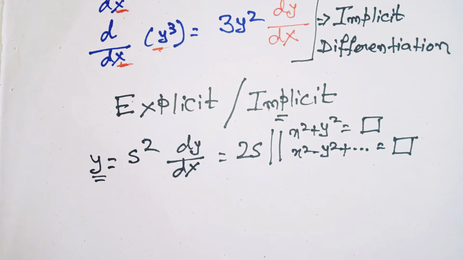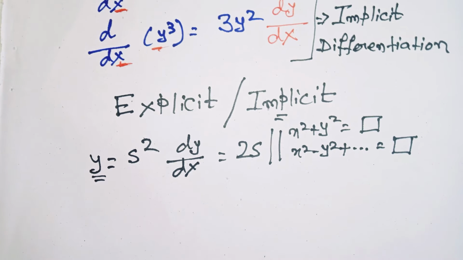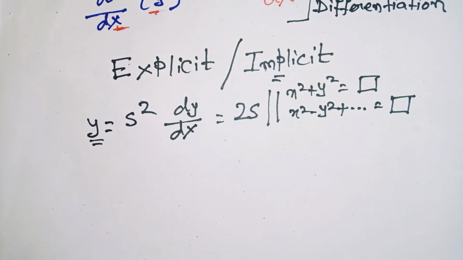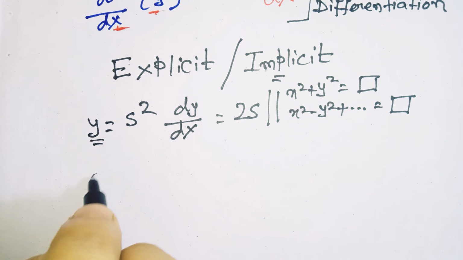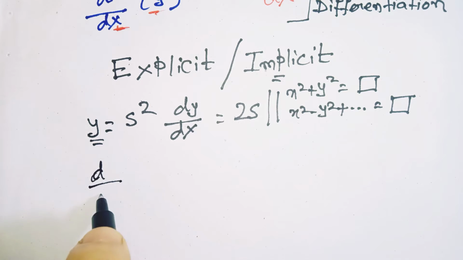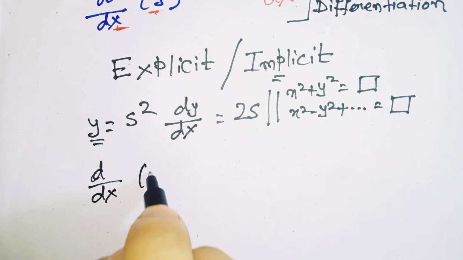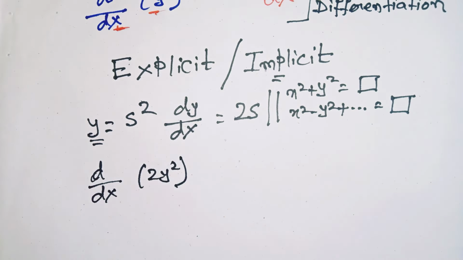So we need to differentiate both sides with respect to x. When you differentiate a y term, we solve for dy by dx alone. If we differentiate a term which has a y, then we need to attach dy by dx to that term. So for example, let us try one example so that things become much clearer. Say we have to find d by dx of 2y squared, right?